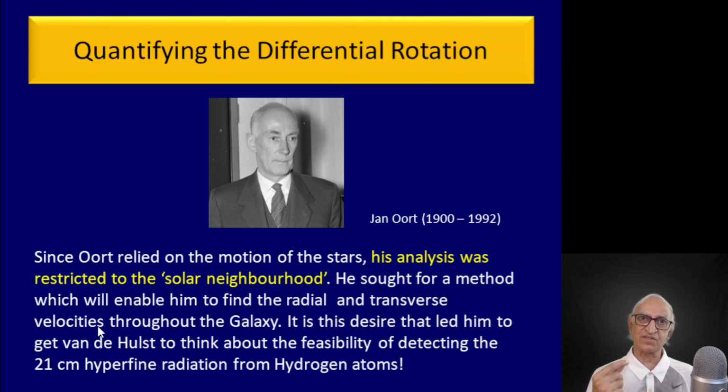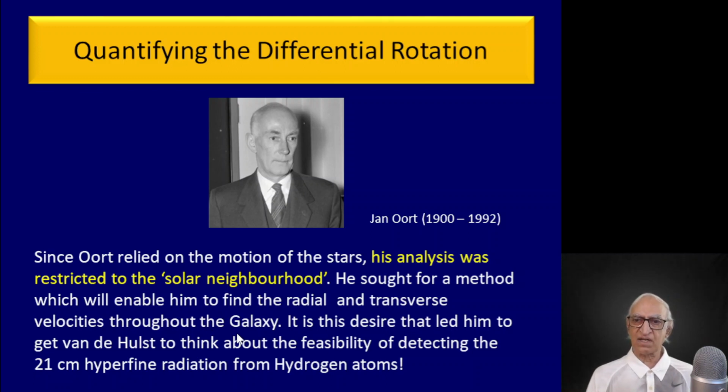To use Doppler shift, you must have a precise frequency, and you must know the value of the frequency in the laboratory. Therefore, from the observed frequency, you can tell whether the source is moving towards you or away from you. So what you need is some sort of a signal at a precise frequency, at a wavelength which does not suffer any extinction due to dust in the galaxy.